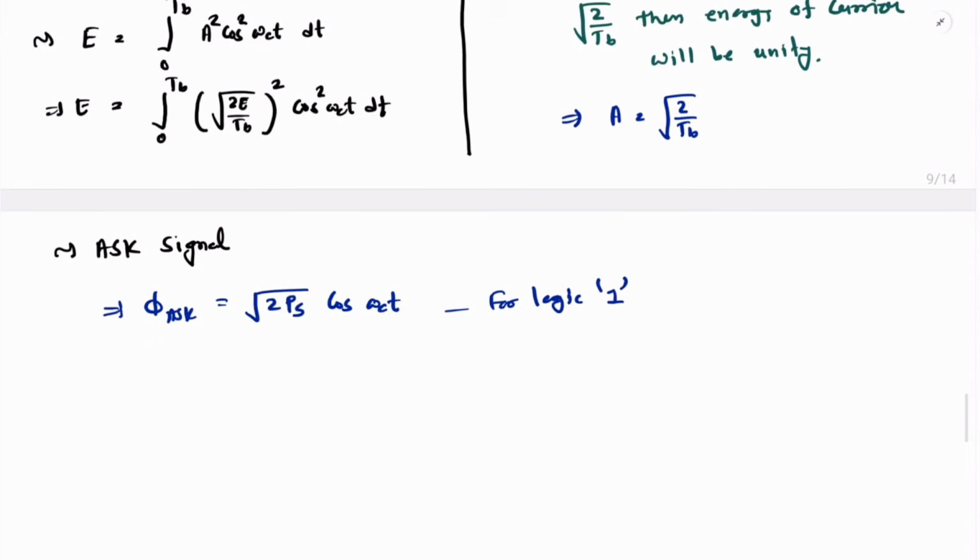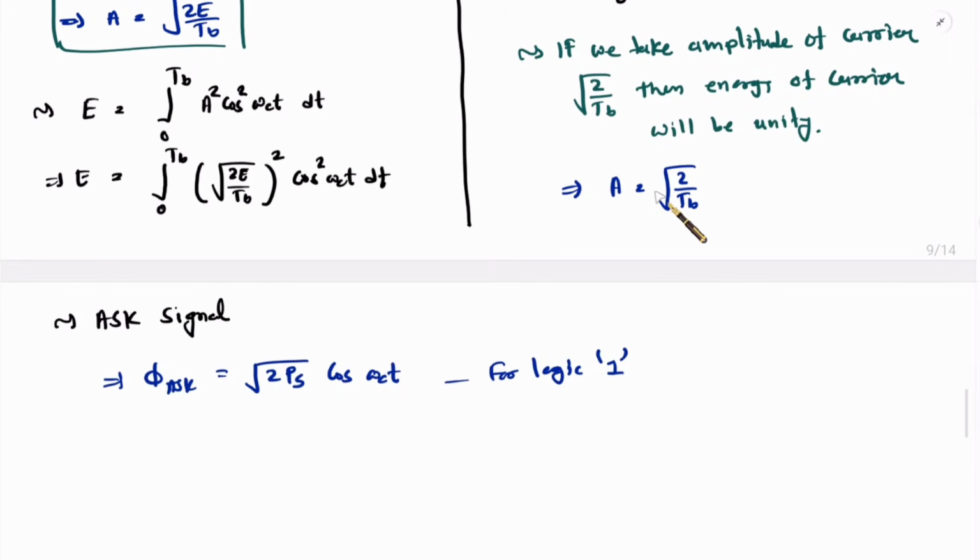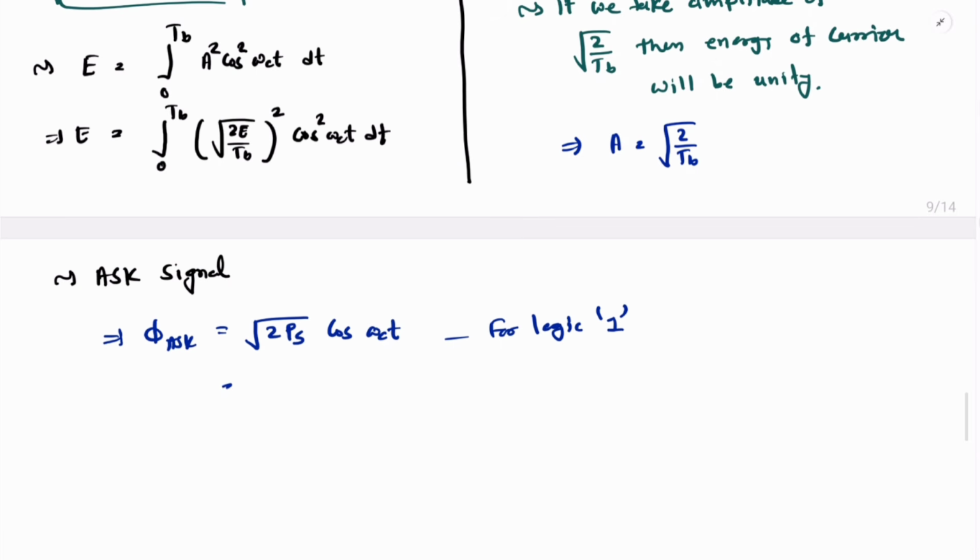Now, here I'll be considering amplitude of carrier to be square root of 2 by TB, so that carrier is having unit energy, right? So here I need to multiply TB and divide TB. Let me do that. Square root of PSTB will be there with us, and another term will be square root of 2 by TB cos of omega ct.